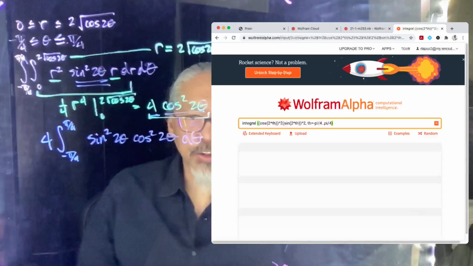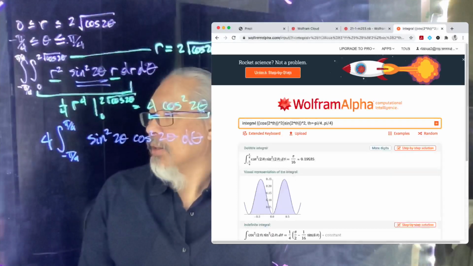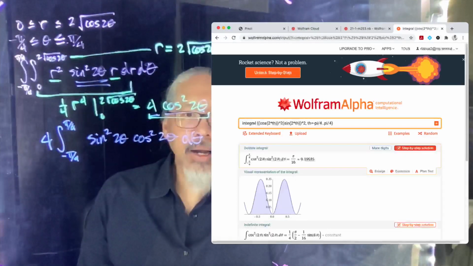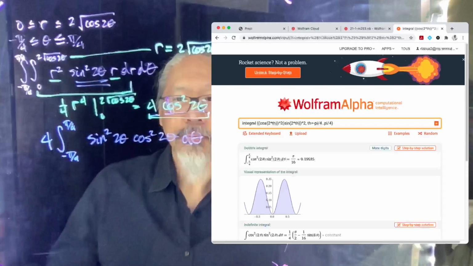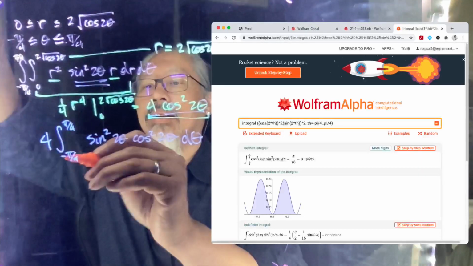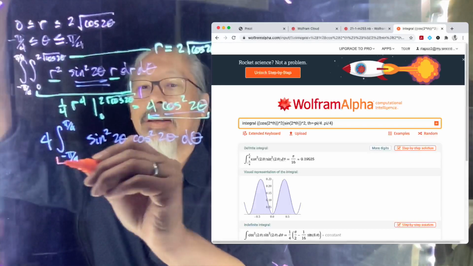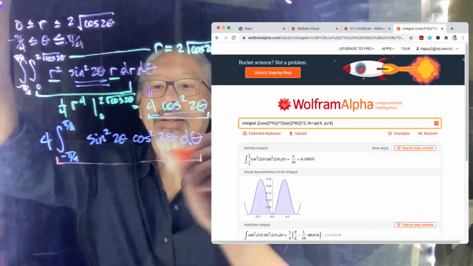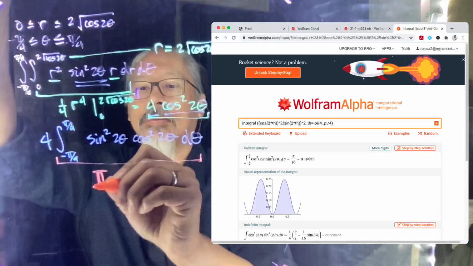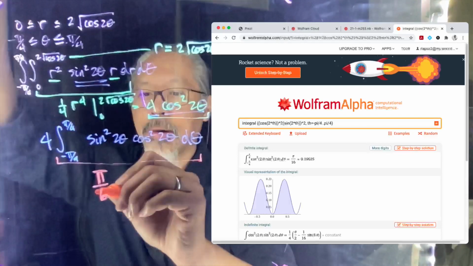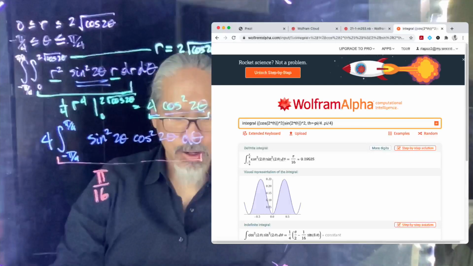And if we do that, we're just going to get a value. According to this, it's going to be pi over 16. So this whole thing is equal to pi over 16.